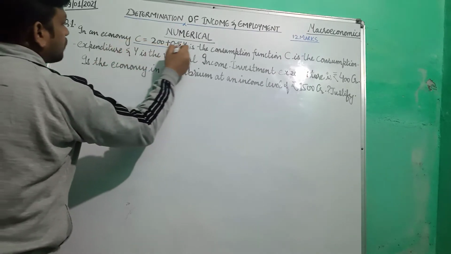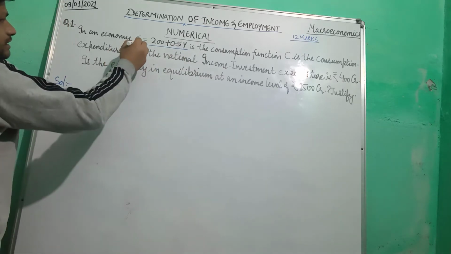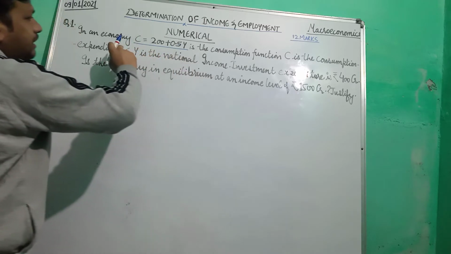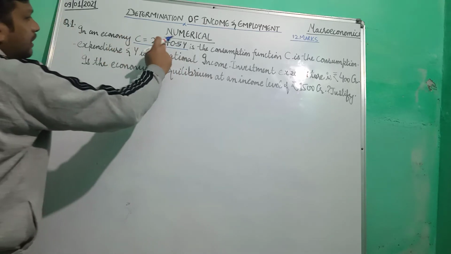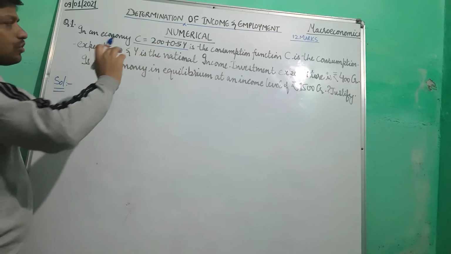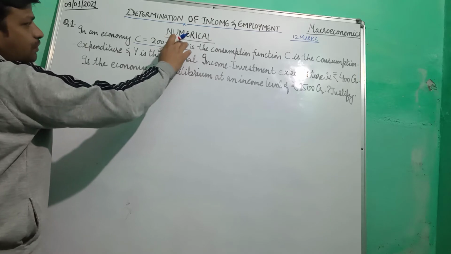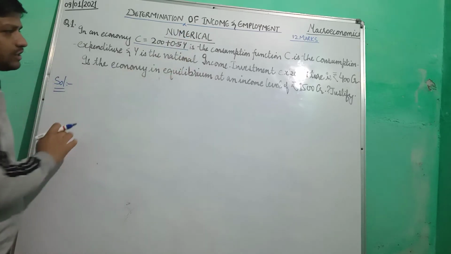this is the consumption function equation written over here. C is the consumption expenditure, and C dash represents the autonomous consumption, which is 200. This is MPC, that is 0.5, and Y is the national income.